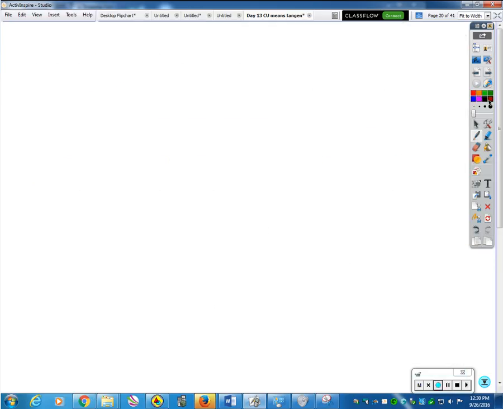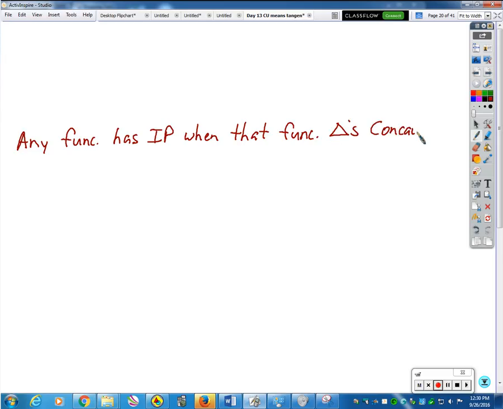Next thing, you need to remember the definition of inflection point. So let's see. Any function has inflection point when that function changes concavity. That's the generic definition that applies to any function. You need to kind of expand that though.